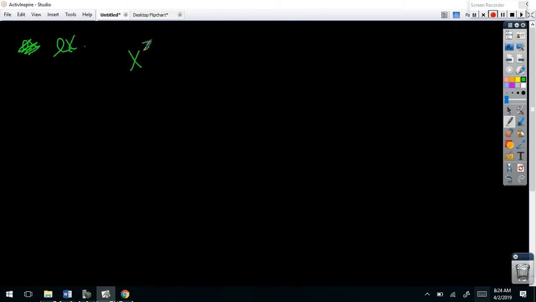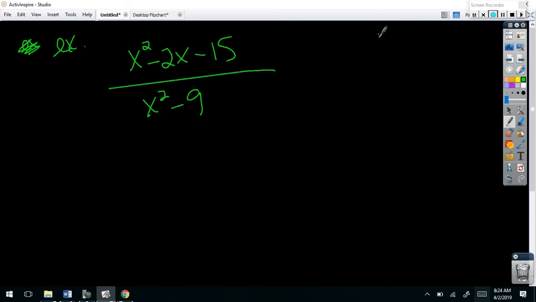Let's say I have x squared minus 2x minus 15 over x squared minus 9, and I'm asked to simplify. I don't want to know what x is, I just want to simplify the fraction itself.